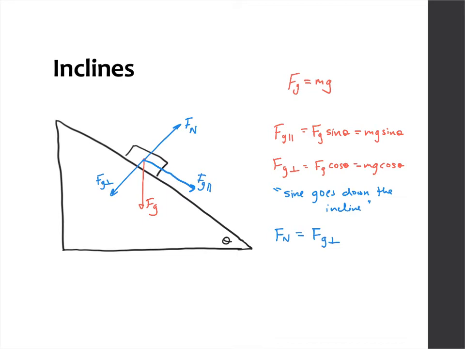So the force of friction will act in the same plane as FG parallel, but it doesn't necessarily have to oppose it. Oops, that's not FG, it's supposed to be FF. There we go. So force of friction can act upward against the sliding down, or it can act going downward, going against the motion going up the incline if you have something pushing it up. Okay?